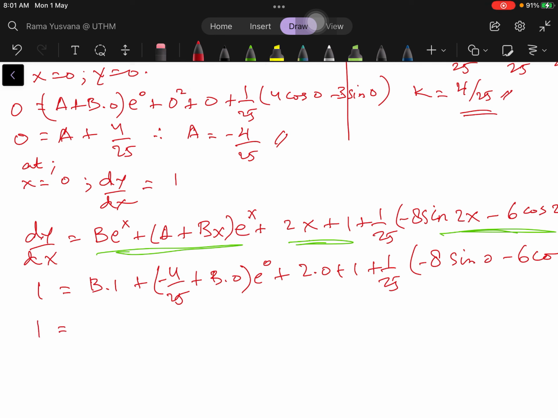So 1 equals negative 4 over 25 plus b plus 1 minus 6 over 25.